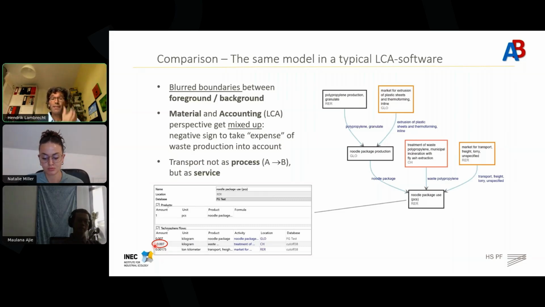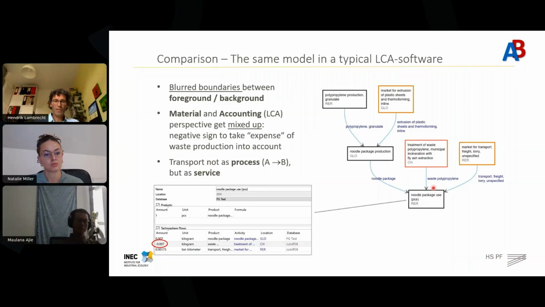And there are other things. If I'm modeling a system in the material flow perspective, I will have transports as processes, and the function of a process is, of course, to transport some object from A to B. If I'm using LCA software or the LCA logic, I'm considering transport as services, which also are inputs in those processes, just like the waste, which if I'm used to LCA is completely okay, but from the first start, it's a little confusing sometimes.